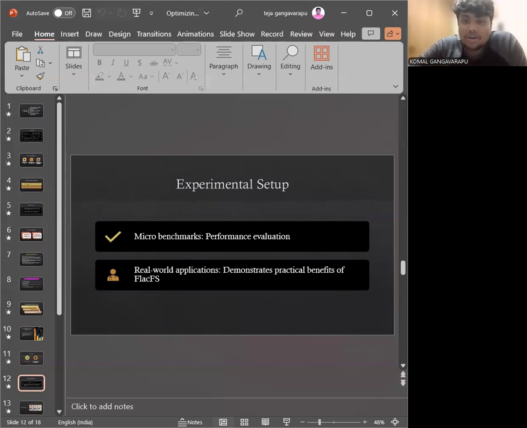This comprehensive approach ensures that performance improvements and benefits of the FLAC file system are thoroughly assessed and demonstrated, providing a solid foundation for the claims of enhanced efficiency and effectiveness. The subsequent slides will present the key findings and quantitative results from these evaluations, highlighting the significant performance gains achieved by the FLAC file system.